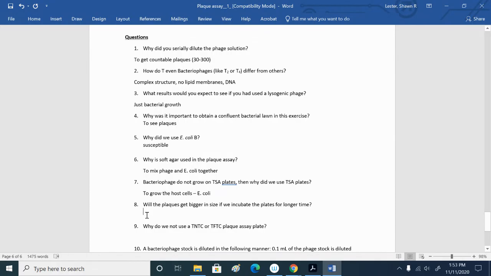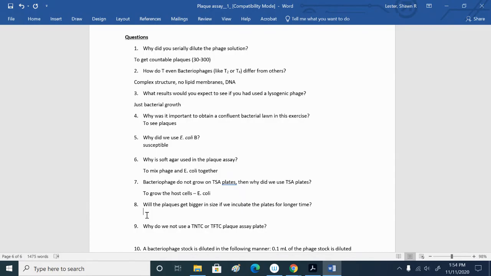So the answer that everyone now knows: will the plaques get bigger in size if we incubate the plates longer? Will the plaques get bigger? This one you all know. Will the phage keep multiplying and wipe out all the E. coli?